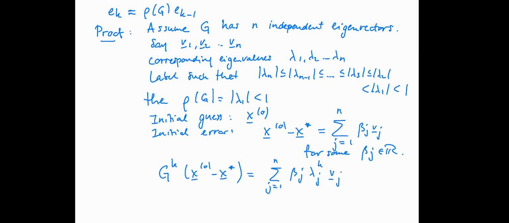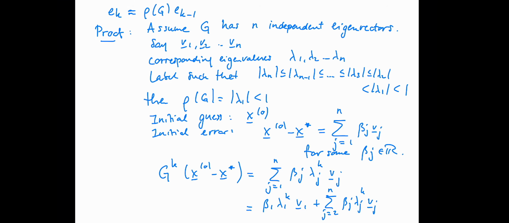And now I'm going to use an argument as we have seen in the power method a couple of times. I'm going to write this as the first one, beta 1 lambda 1 to the power k v1, plus the rest. And the rest is the sum j equals 2 up to n of beta j lambda j to the power k v j. And now I'm going to say, well, this is approximately only the first term, since lambda 1 is really bigger than the rest.